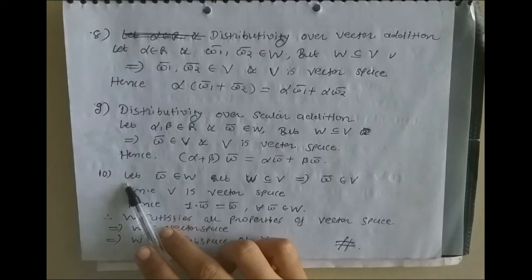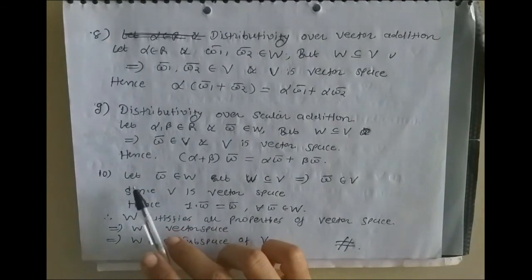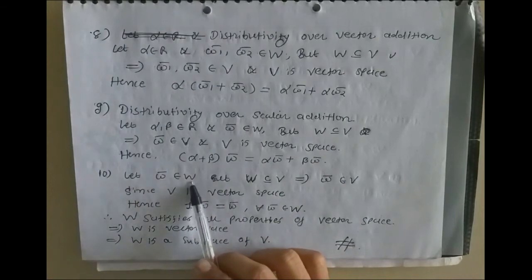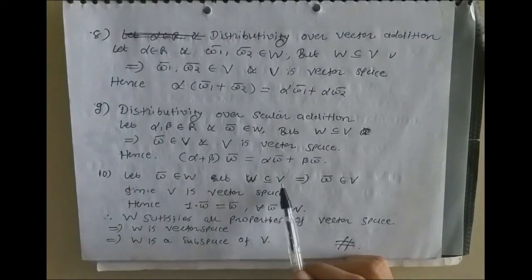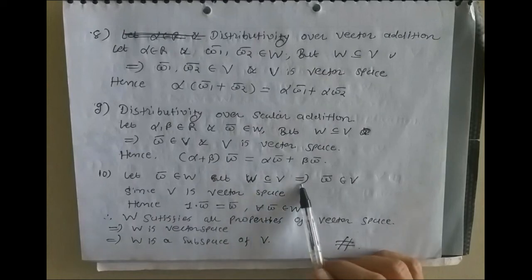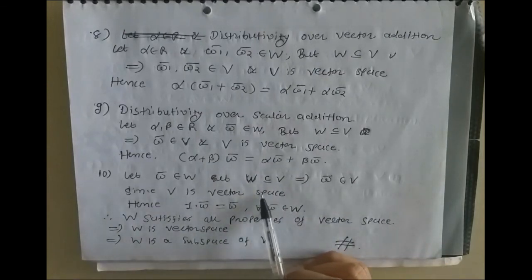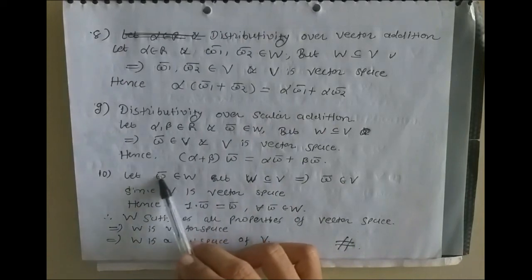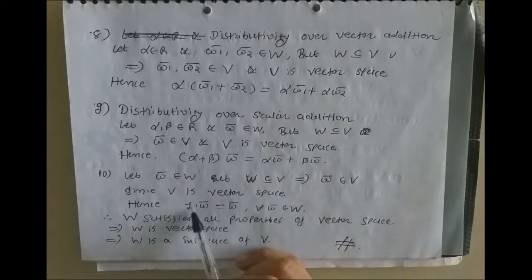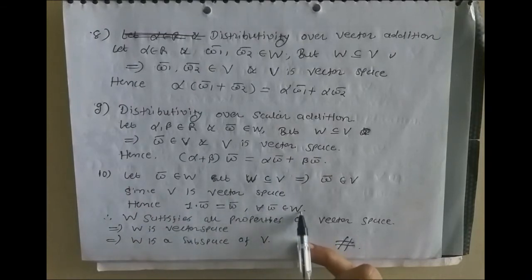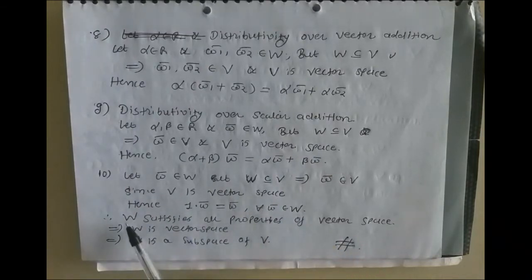Now last property is unit vector. For that, let us consider a similar method. W bar belongs to set W. Now W is a subset of V, this implies that this vector belongs to V. Now V is the vector space, so this vector satisfies this condition: 1 dot W bar is equal to W bar for all W bar belongs to W. Hence W satisfies all the properties of vector space.